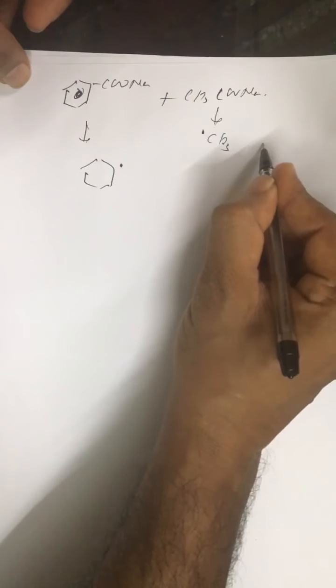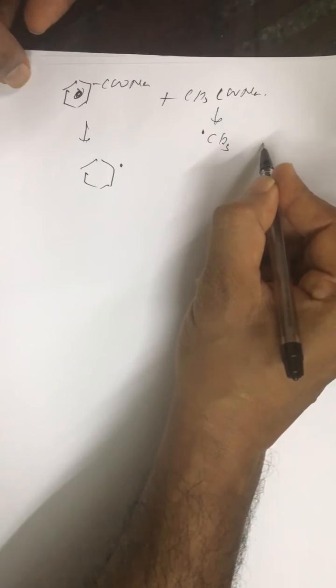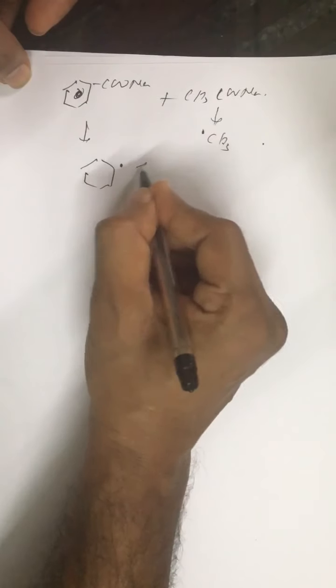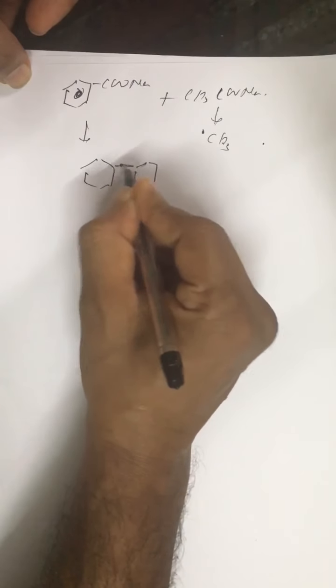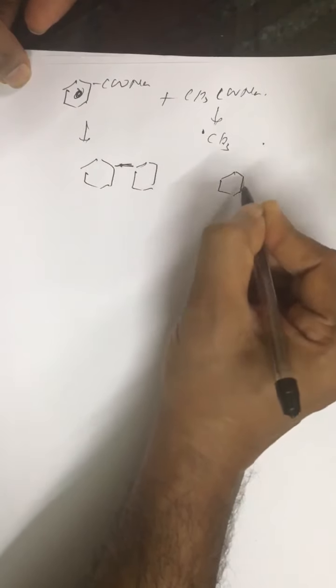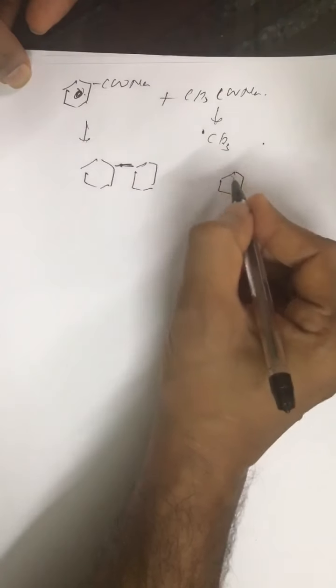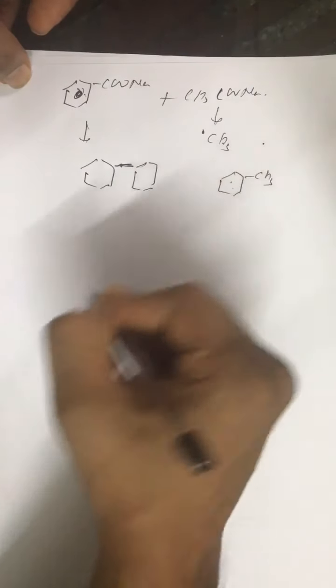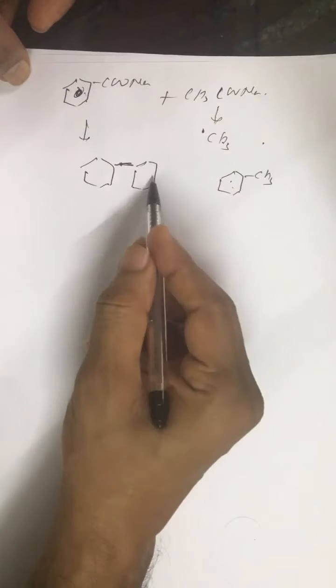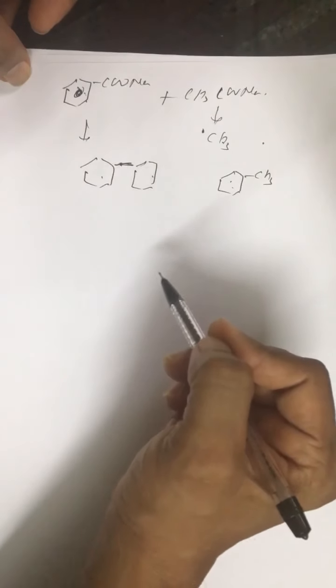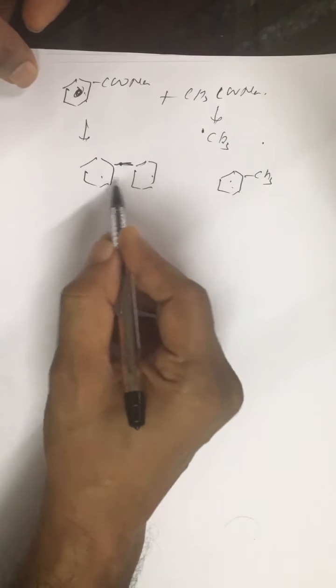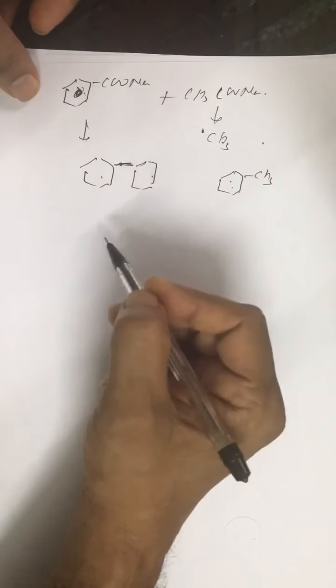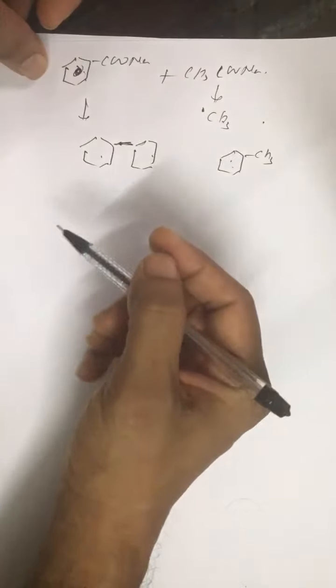With the two methyls we get ethane, one product. Second, we get this kind of product, and the third product is obtained by adding up these two, that is methylcyclohexane. You can also say bicyclohexyl. So these are the products obtained.